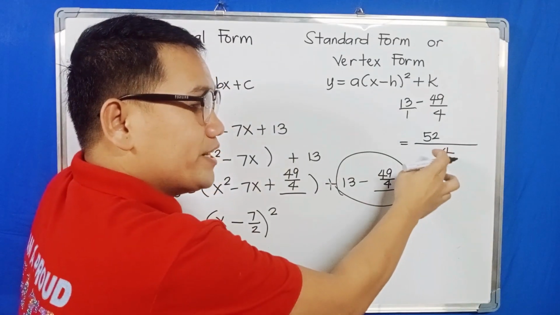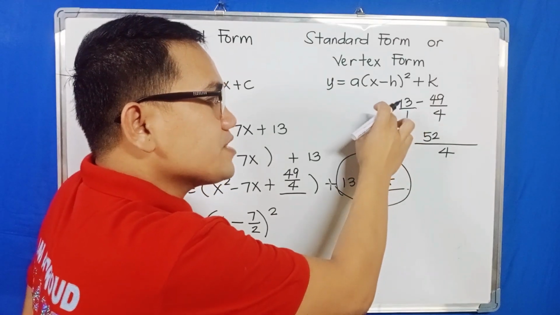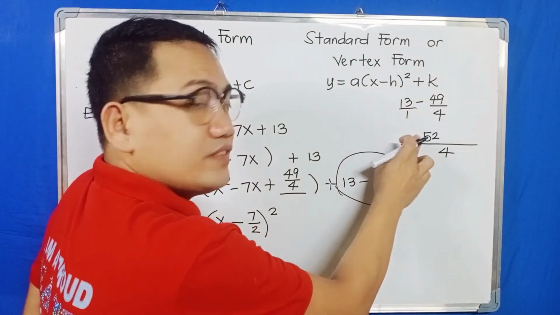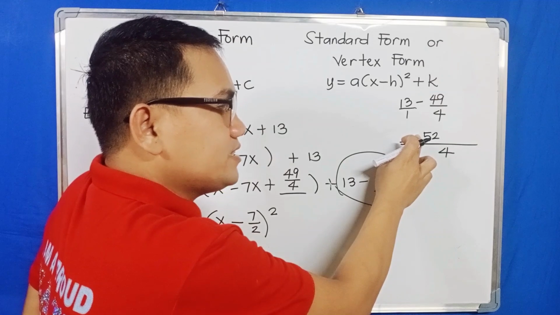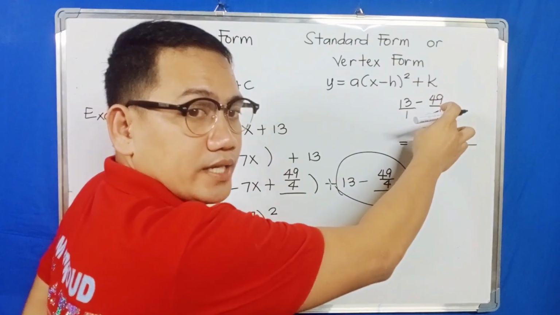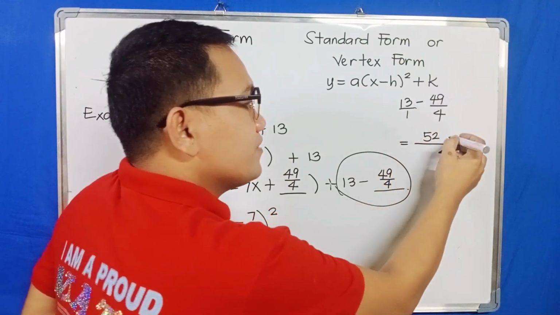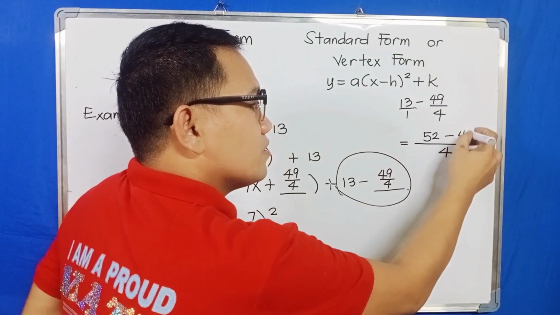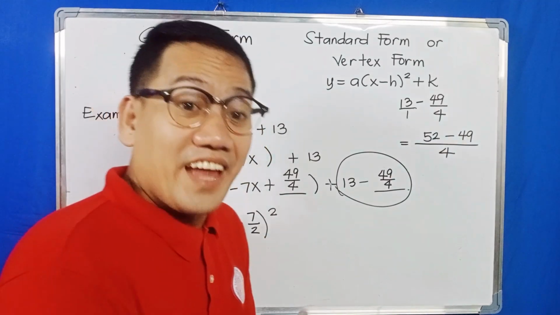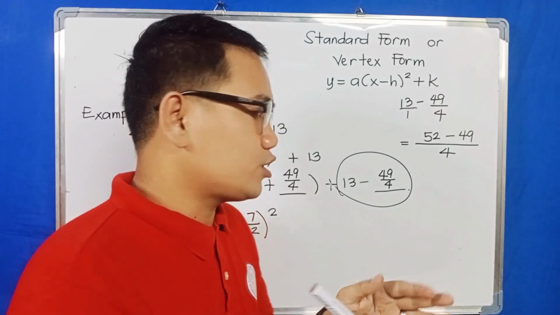And 4 divided by 4, that is 1, times negative 49, we have negative 49. Then we can now combine our numerators because we have a common denominator, which is 4.